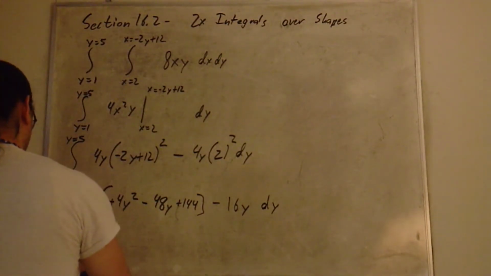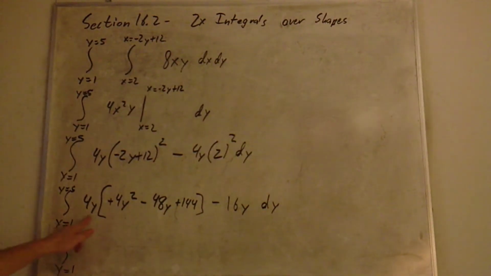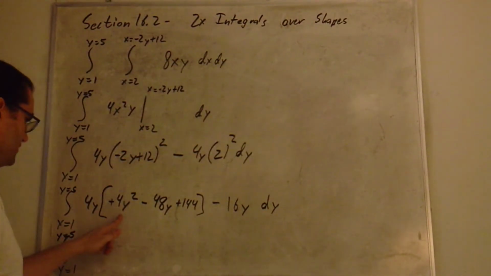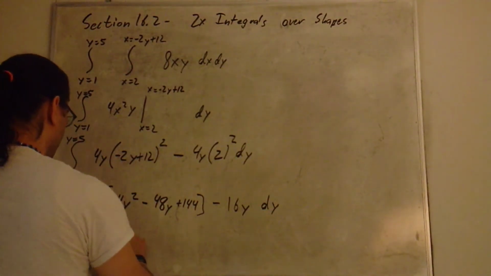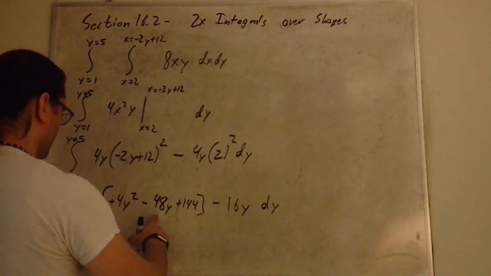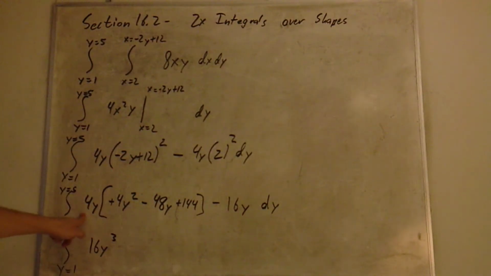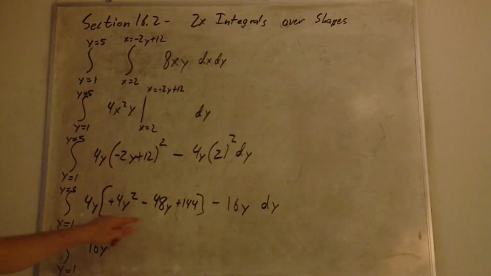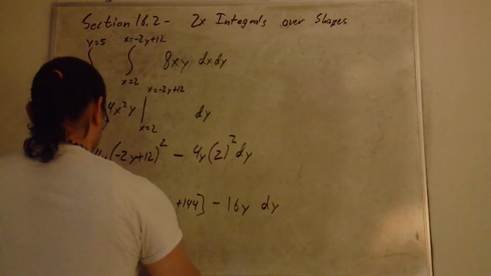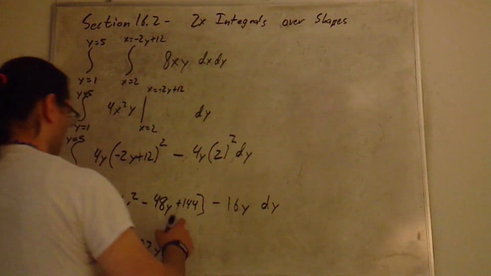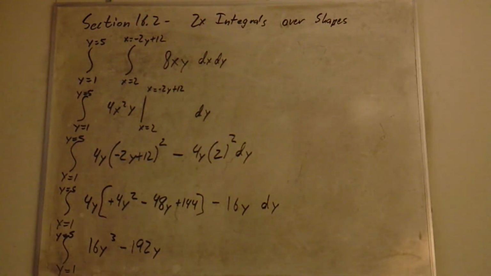So this will give me y equals 1, y equals 5. This part's still not changing. This should give me 16y cubed, minus 192y. 4 times 48 should be just less than 200, 8 less than 200, so 192. 4 times 144, that's kind of a doozy.